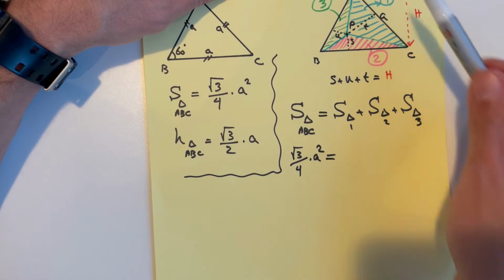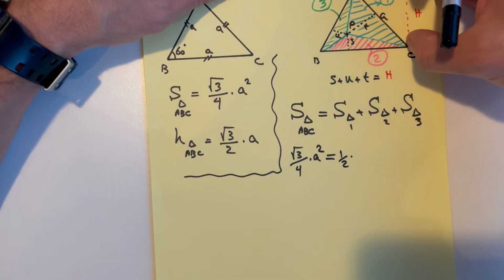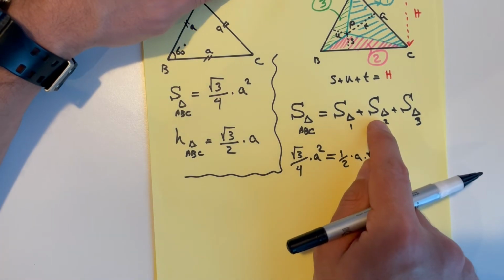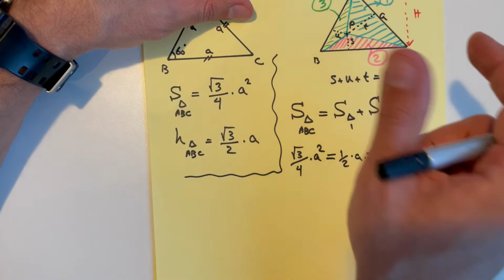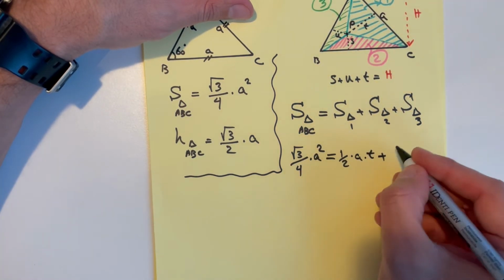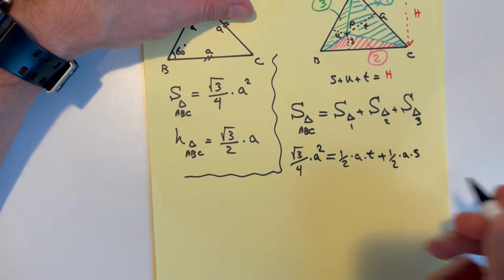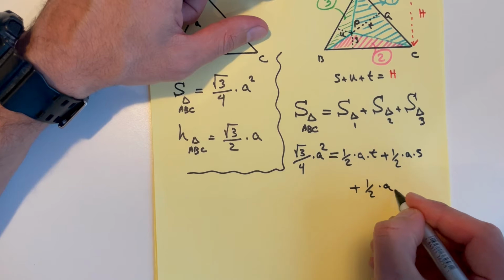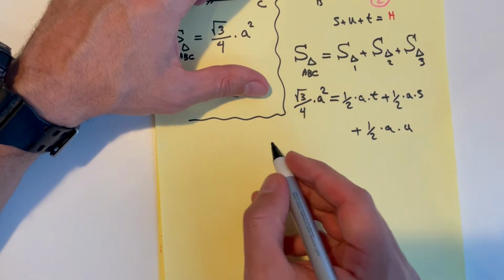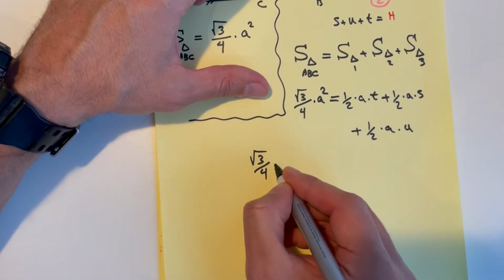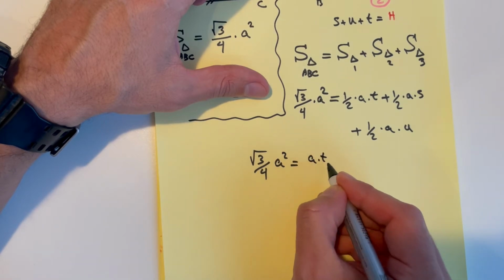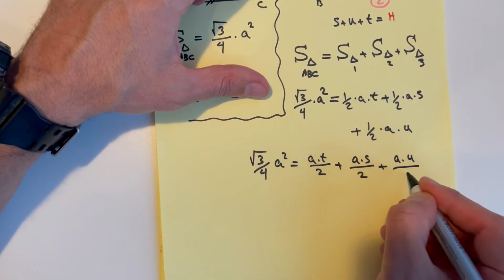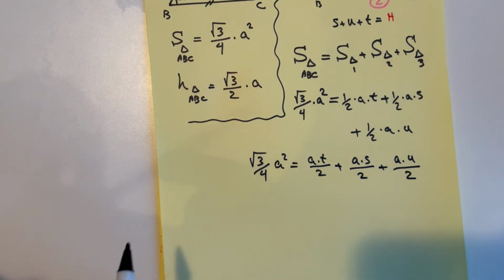The area of that triangle is 1 over 2 times the side, which is a, times the height, which is T, plus the area of triangle number 2, which is again 1 over 2 times a times S, plus the area of triangle number 3, which is 1 over 2 times a times U. So if I write this equation again, I have radical 3 over 4 a squared is equal to aT over 2 plus aS over 2 plus aU over 2.